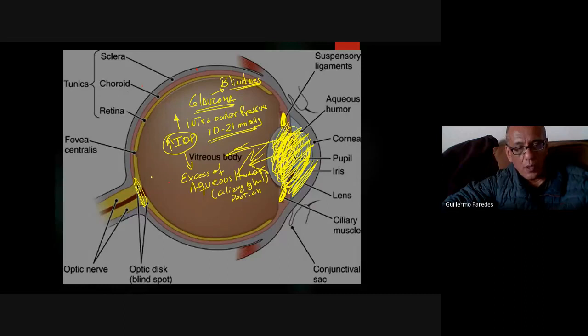That pressure on the optic nerve is going to make the nerves that compose the optic nerve die one by one, nerve by nerve, because of too much pressure. Why? Because you have an excess of aqueous humor. And that can produce blindness. Is that clear?